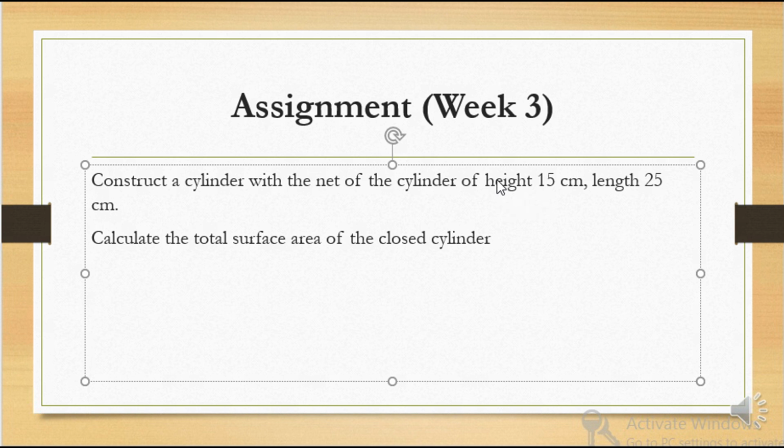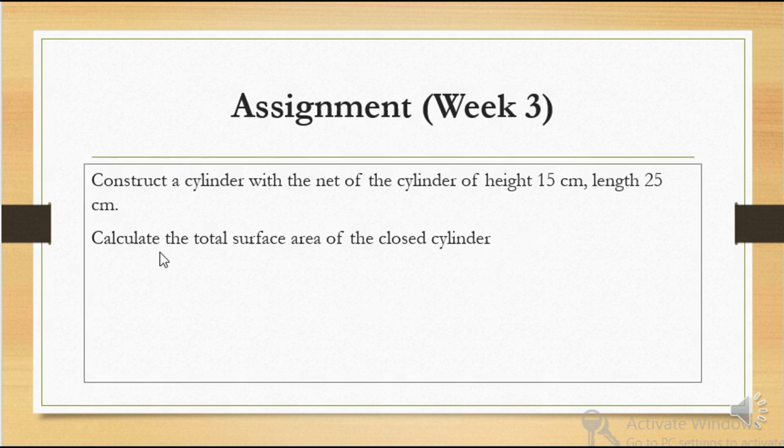After constructing the cylinder, you are to calculate the total surface area of the closed cylinder. That's to say you are asked to construct a closed cylinder and go on to calculate the total surface area of the closed cylinder you have constructed.